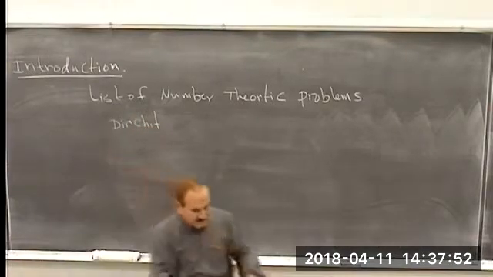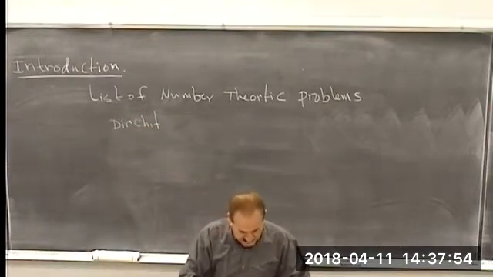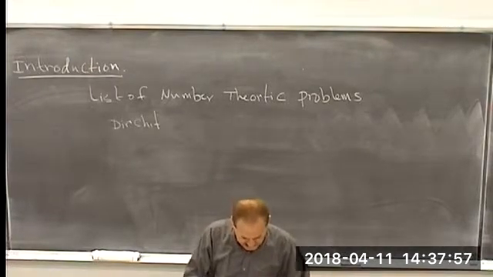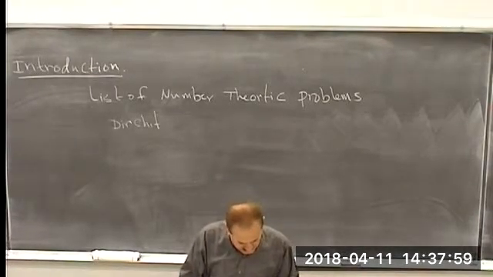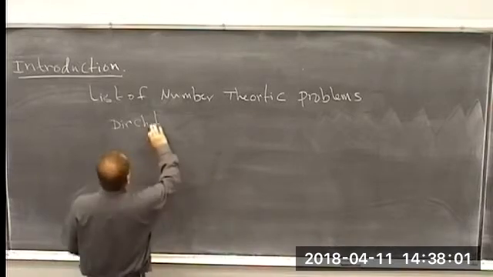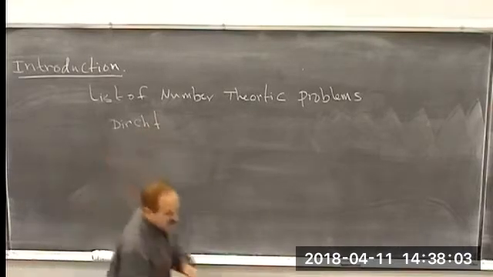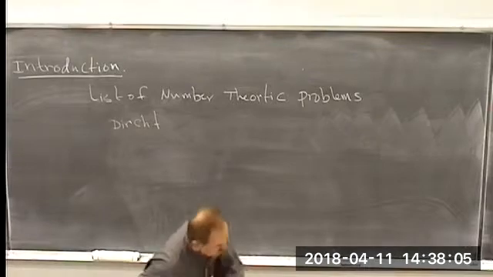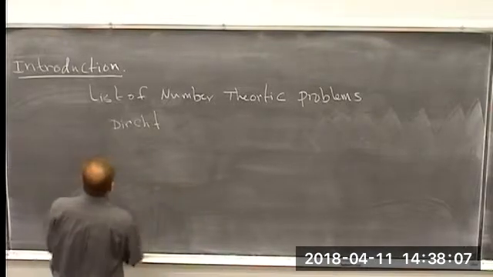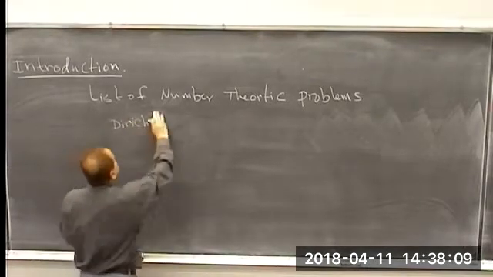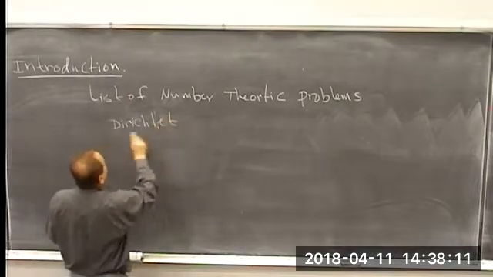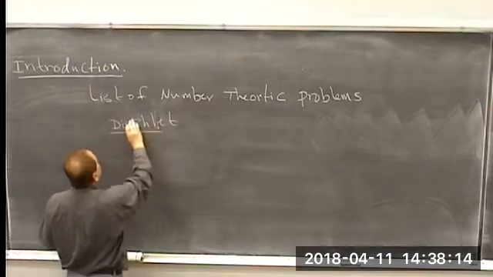Please look at the spelling of this. Dirichlet, with, let's see here, I murdered this, there is an I in here. Okay, Dirichlet. All right, this is an I.